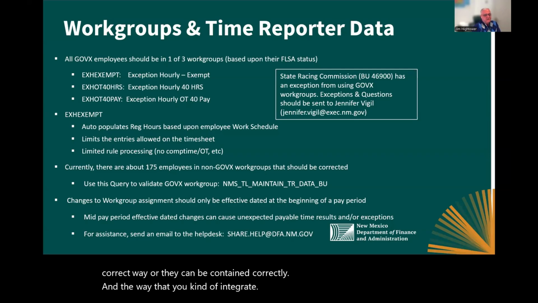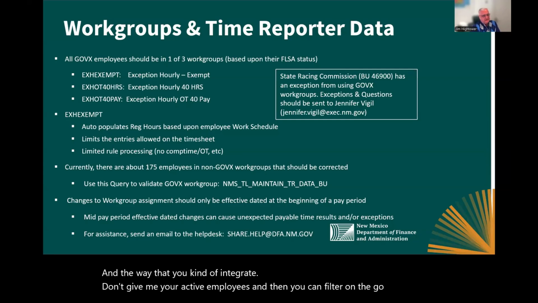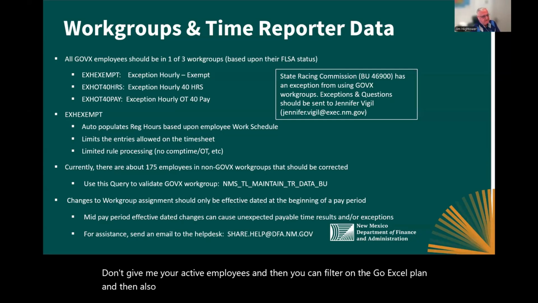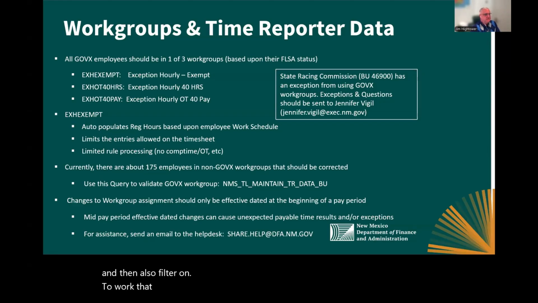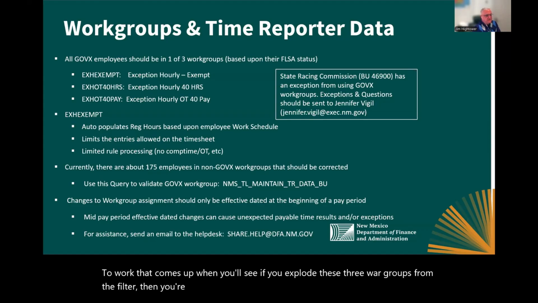And when you run that query, it'll give you your active employees, and then you can filter on the GovX SAL plan, and then also filter on the work group that comes up, and if you exclude these three work groups from the filter, then you're going to see employees in your business unit that are in the wrong work groups.